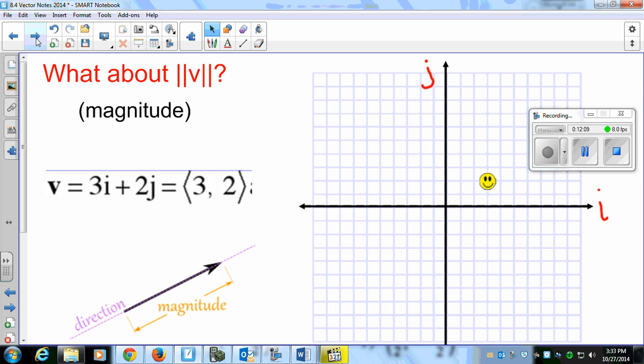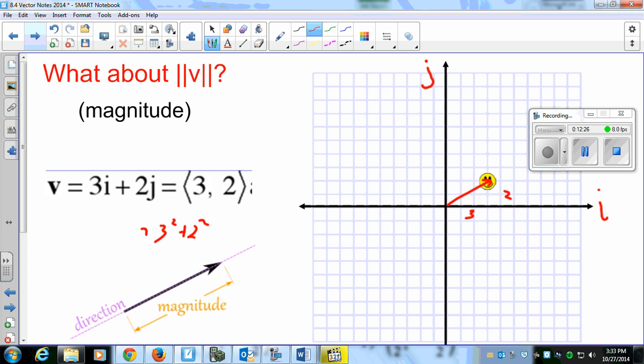So here's an example to find magnitude. We have the vector here that is 3, 2. The magnitude is just the length of that. So we can see this is 3, that's 2. So we do 3 squared plus 2 squared, square rooted, is equal to the magnitude of v.